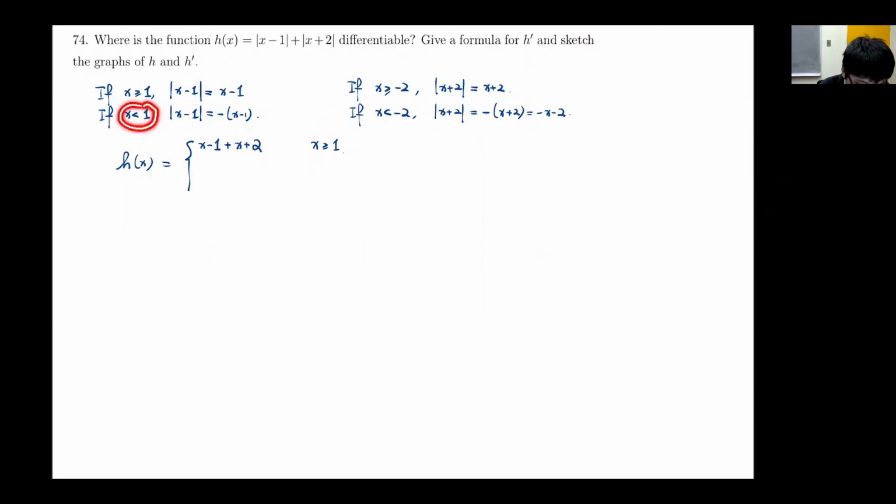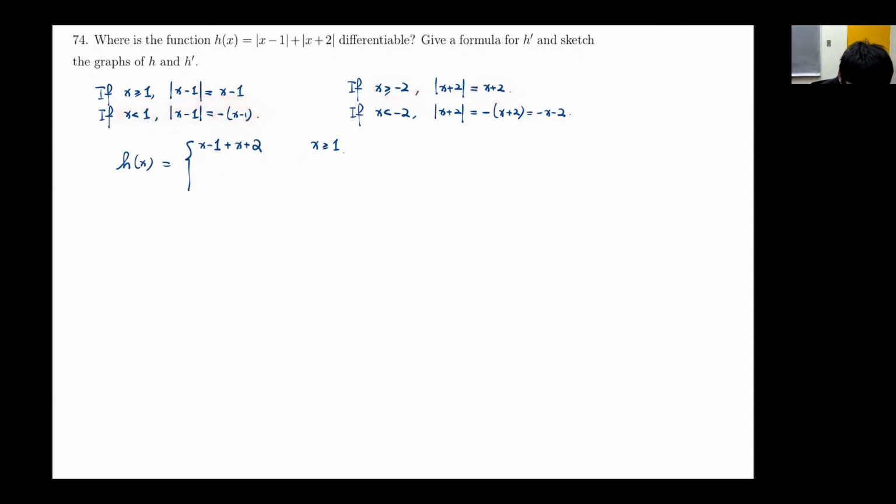If x is strictly less than 1, then we know what's going on with the first guy. So if x is less than 1, then the first guy will have the negative sign over here. But regarding the second guy over here, there will still be two cases, and let's just look into the cases one by one. So if x is strictly less than 1, but x is also greater or equals to minus 2, in this case my h of x will be this guy plus this guy.